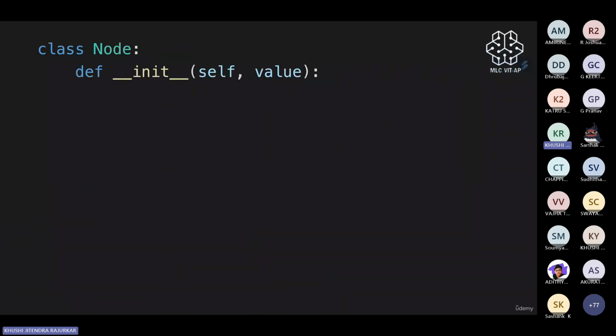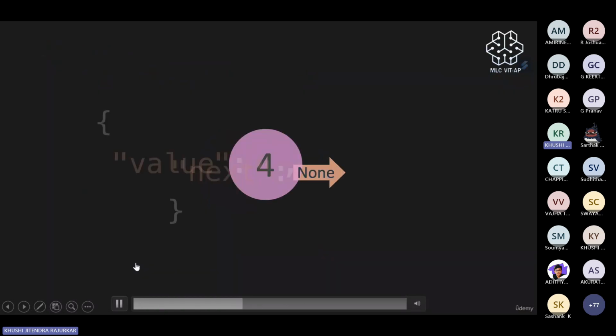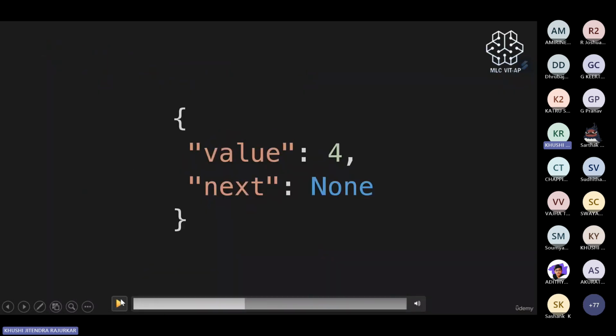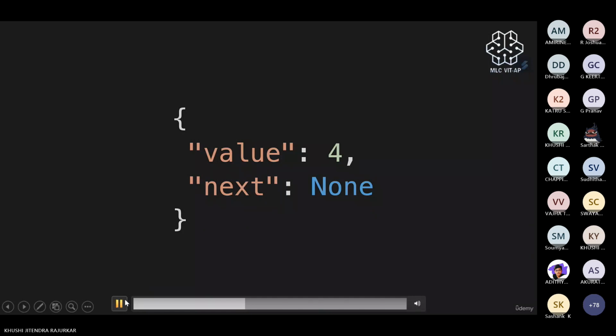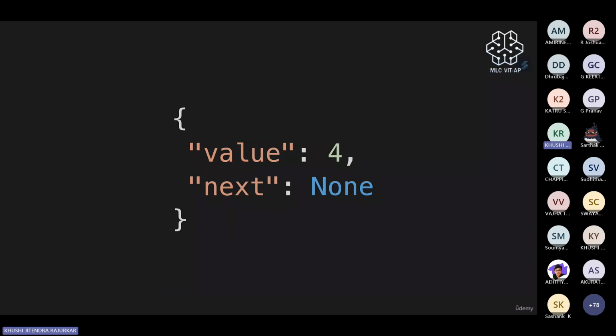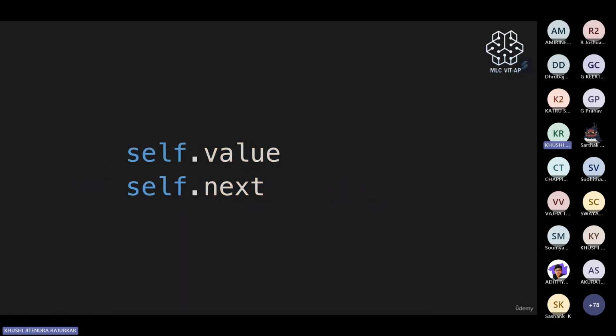It will be taking in self and value as its two parameters. And as I said, a node can be compared to a dictionary. One parameter will be value, another will be the next pointer. So when we initialize our node, we'll be giving in self.value and self.next.